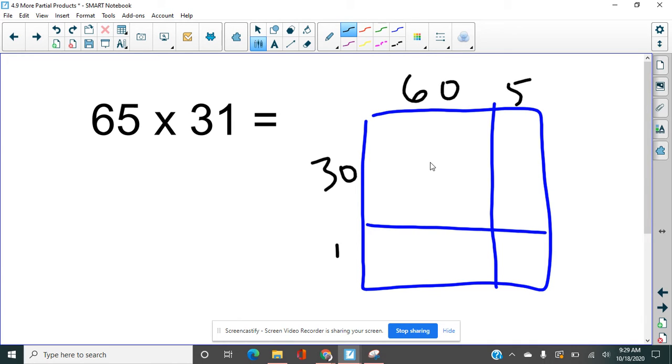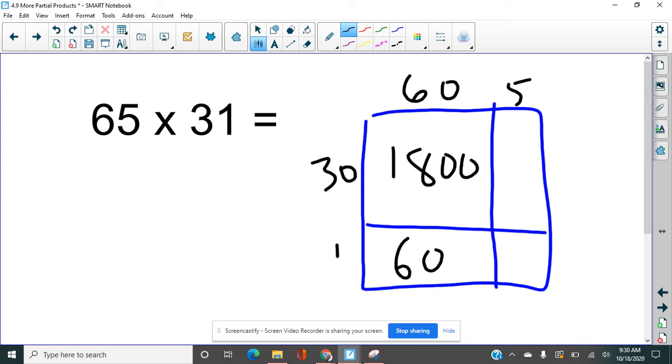All right, what goes in this big box right here? 1,800. If you said 180, don't forget we have 2 zeros there now, 2 zeros that we had to cross out. All right, for this box, what 2 numbers do I have to multiply? 60 times 1.